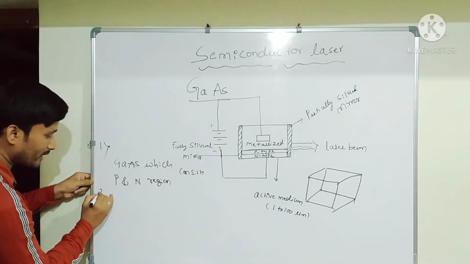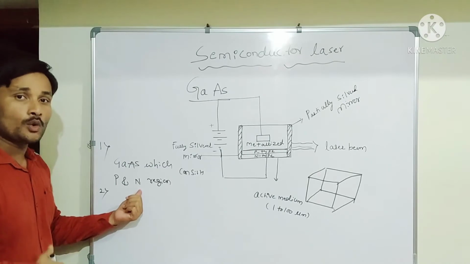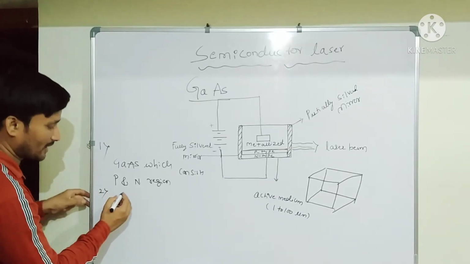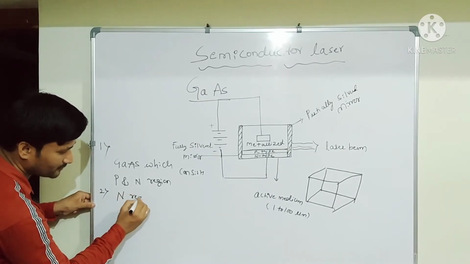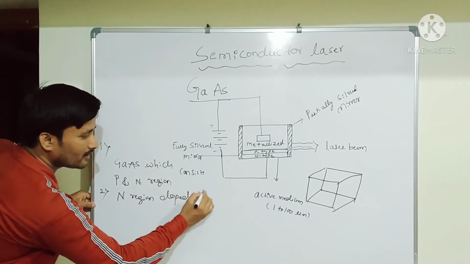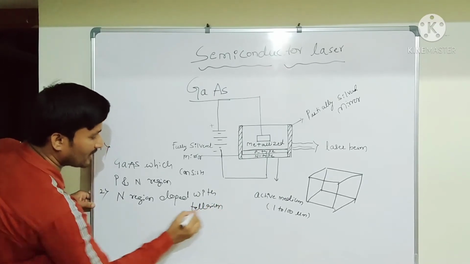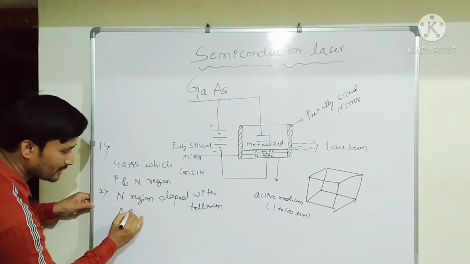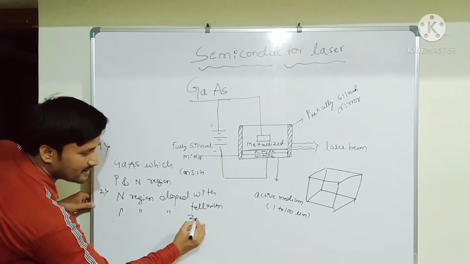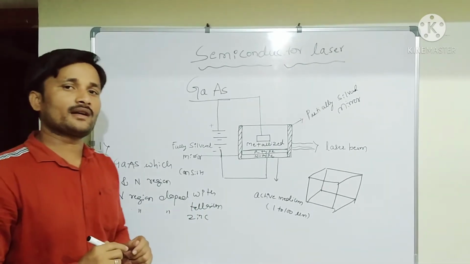The second important point: the N region is doped with tellurium, and the P region is doped with zinc. This is the second important point in the construction.